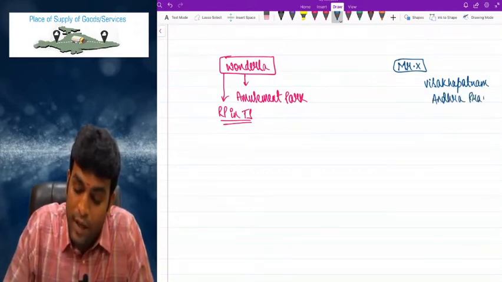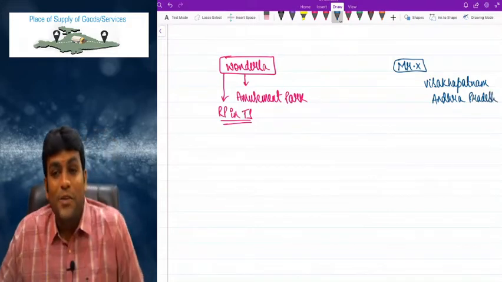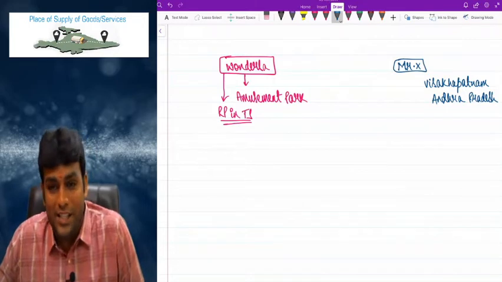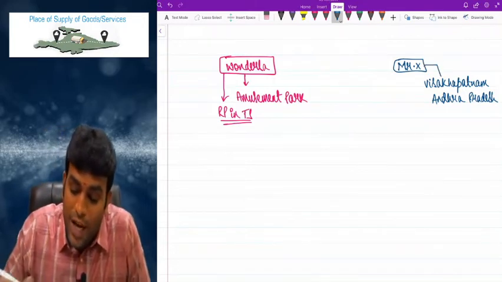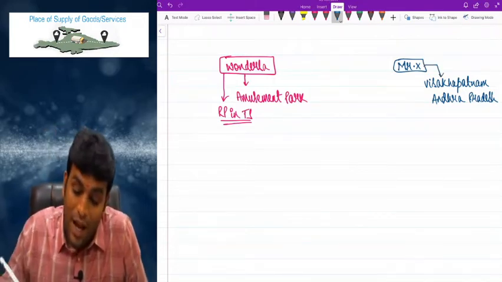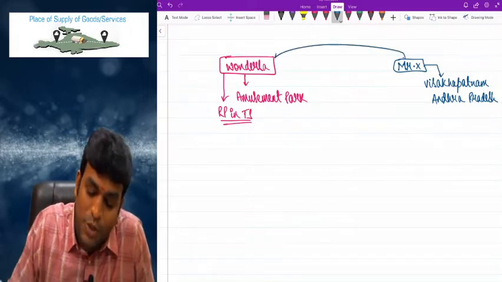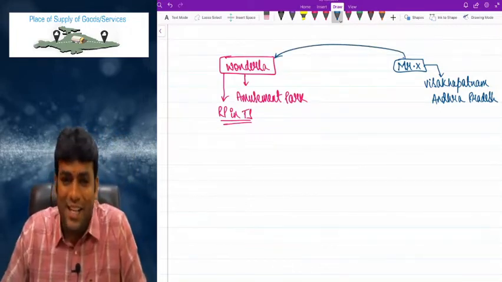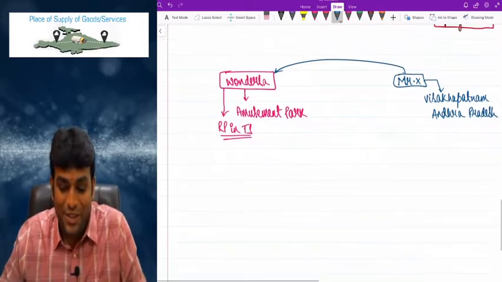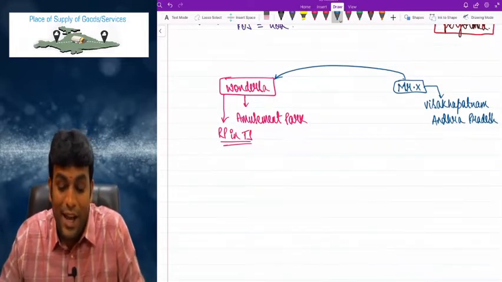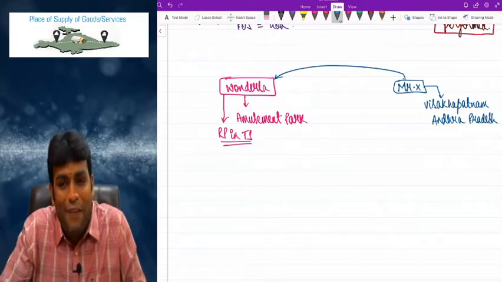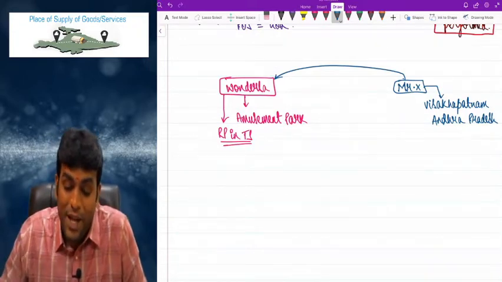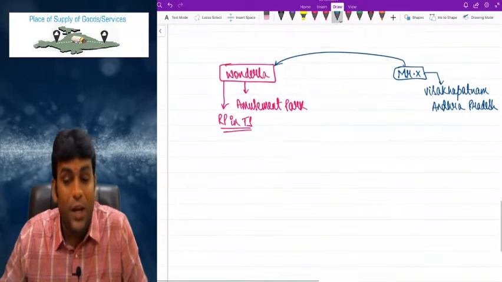Most of you might have heard about this. So Wonderla amusement park is a registered person in Telangana state, and Mr. X belongs to Visakhapatnam of Andhra Pradesh. Now X has come to Wonderla to enjoy, my dear friends, to have fun in the amusement park. He came all the way from Vizag to Hyderabad to enjoy an amusement park.